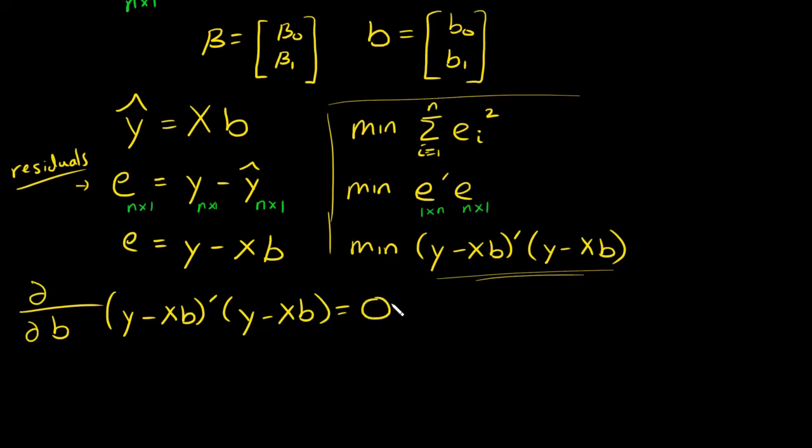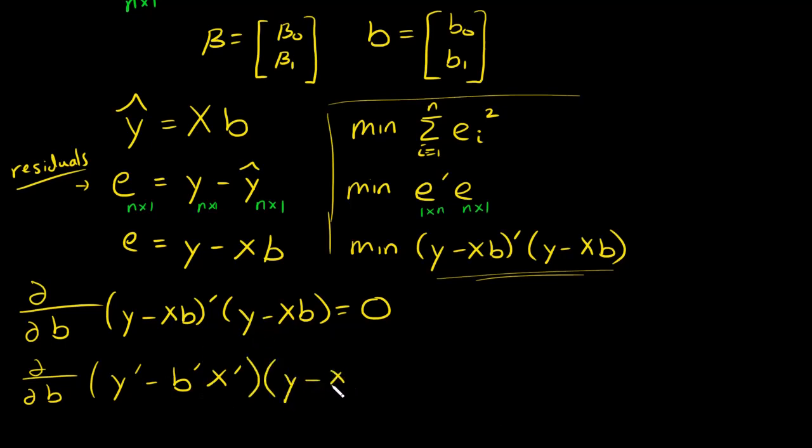To do this, let's put this transpose into our parentheses. I'm going to leave the partial derivative with regards to b out front, and when I put this in, I'm going to have y prime minus b prime times X prime. Remember, when you transpose a product, you have to reverse the order of that product.